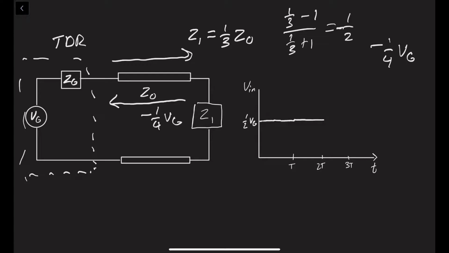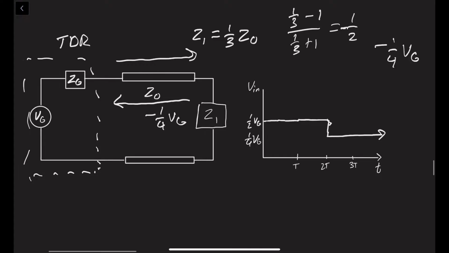If it took time t to reach one end, it takes time 2t to reach back to the TDR. Once that hits the TDR, the voltmeter will register a drop in voltage of minus 1/4 Vg. So we'll end up with the final voltage being 1/4 Vg for the rest of time, because there will be no more reflections.